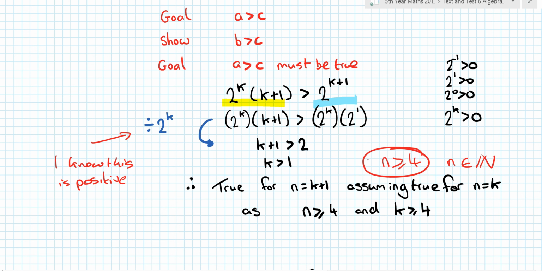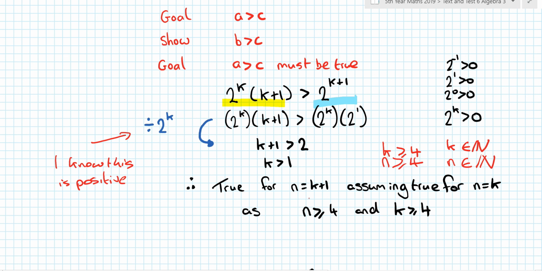So if k follows the same rules as n, then k must be greater than or equal to 4 also, and k must be an element of the natural numbers. So this is true. K is greater than 4. So is k greater than 1? Yes, it is greater than 1.